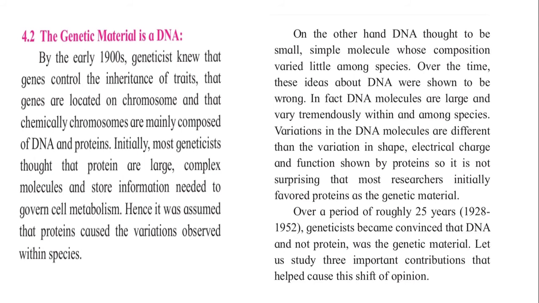Initially, most geneticists thought that proteins are large, complex molecules that store information needed to govern cell metabolism. Hence, it was assumed that proteins cause the variations observed within species.